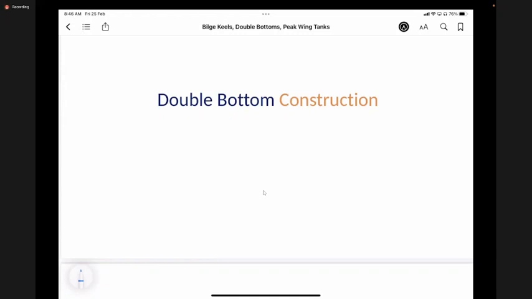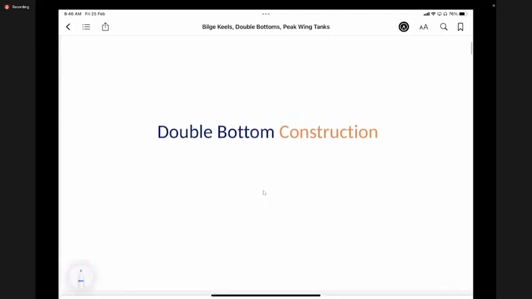Now the actual benefits of double bottom: first, it provides safety against any damage. Earlier, if any grounding happened, we had loss of cargo. If we have a double bottom, we have some safety.